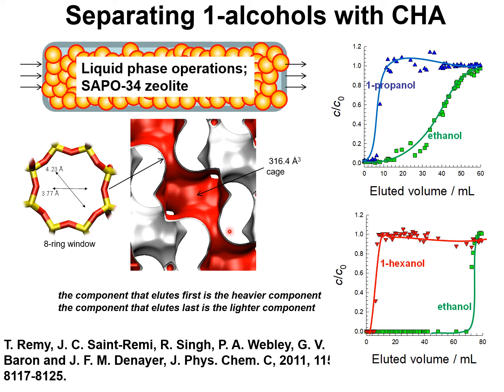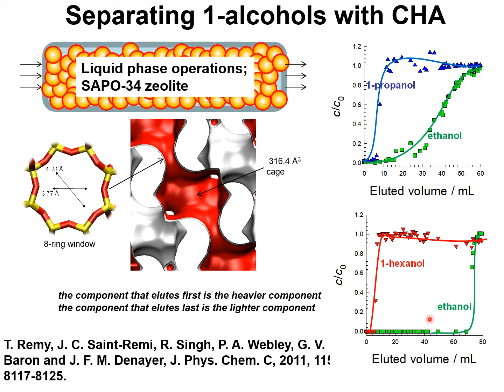SAPO34 has the same structural topology as a Chabasite zeolite. It consists of cages of 316 cubic angstrom separated by 8-ring windows which have dimensions of 3.8 angstrom in this direction and 4.2 angstrom in this direction.